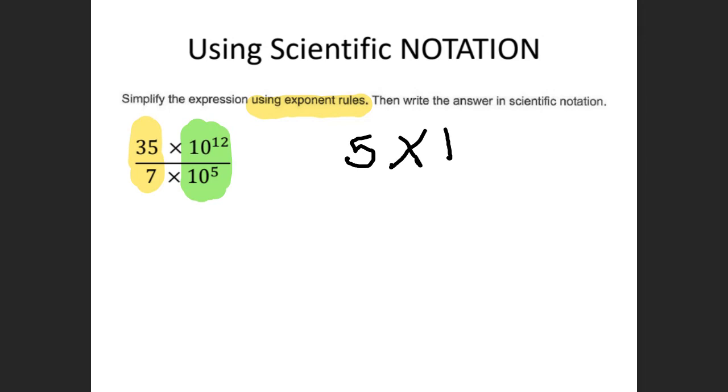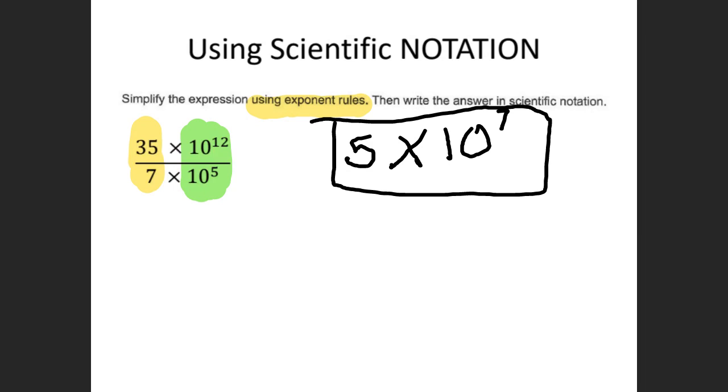Now, this is 10 to the 7th power, 12 minus 5. This is incorrect scientific notation because I have a whole power of 7. Now, I only have a single digit here.